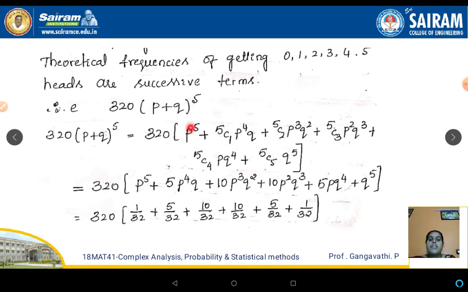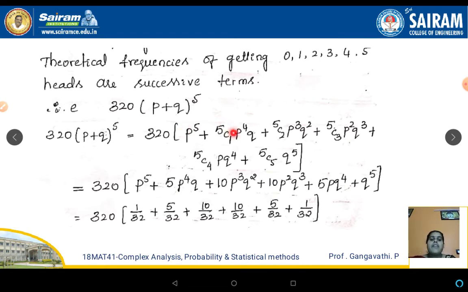So it is p to the power of 5, then 5c1 p to the power of 4 and q to the power of 1. Here p power is 5 at maximum and q power is 0, whereas it is 5c0, the value of which is 1. We have not written it, but by default it is 5c0 p to the power of 5 and q to the power of 0.